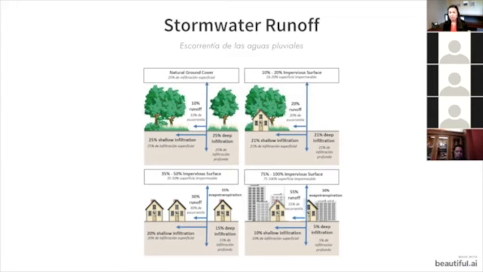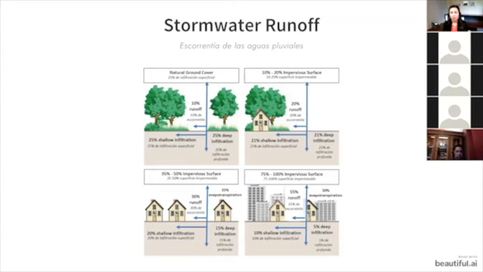And one more thing about the top box is it's 10% runoff. So it's a very low runoff rate, and that runoff is also getting absorbed by that vegetation.